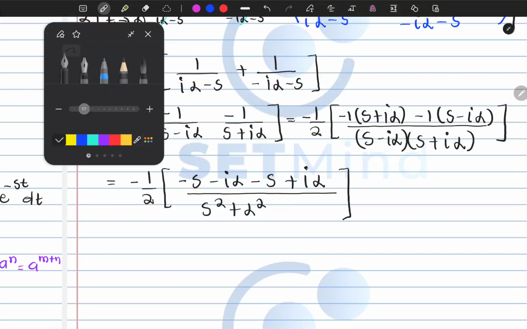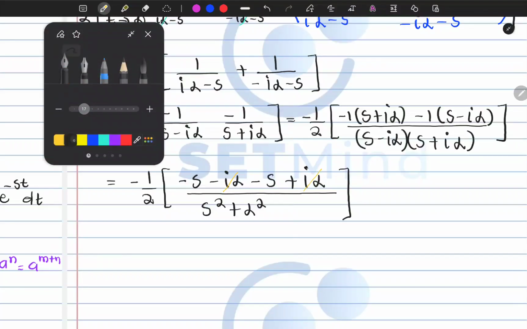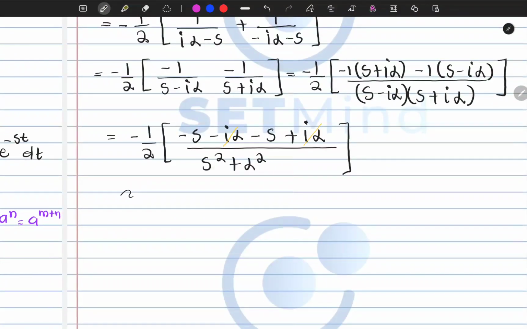And if you look carefully, there are terms that cancel out nicely, like this one and this one. So all what we have left is equal to negative a half into the minus s, and minus s give us minus 2s divided by s squared plus alpha squared.